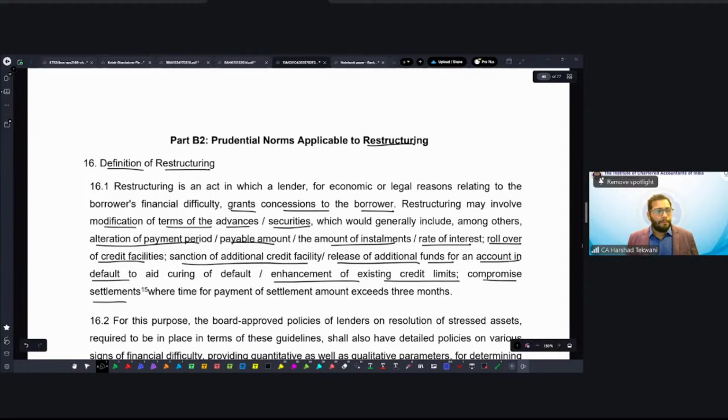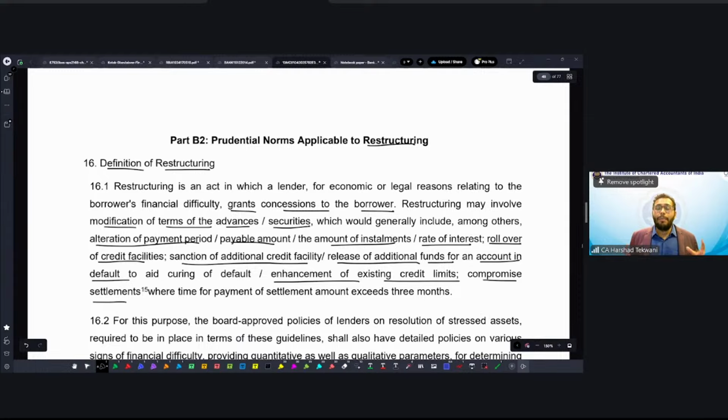We have already seen there is an early warning system, SMA 1, SMA 2, SMA 3. But beyond that early warning, beyond NPA classification, beyond the provisioning requirement, there are policies on the resolution of stressed assets. That means an asset which is on the verge of falling into the default category because of stress and financial difficulties.